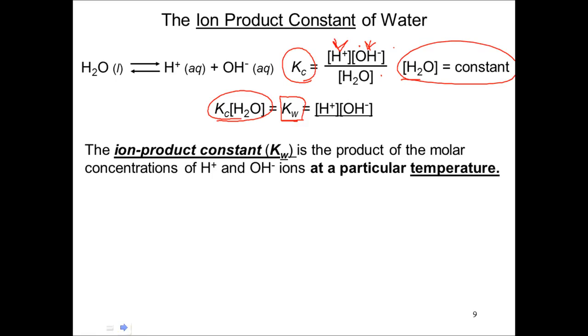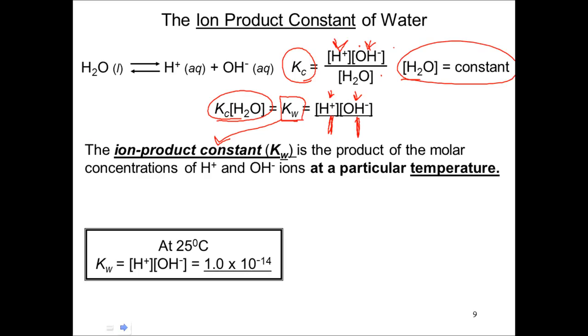And it's equal to the hydrogen ion concentration times the hydroxide ion concentration. This is technically called the ion product constant, Kw, for water, and it's the product of the molar concentrations of the hydrogen or hydronium ion and hydroxide ions at a particular temperature.